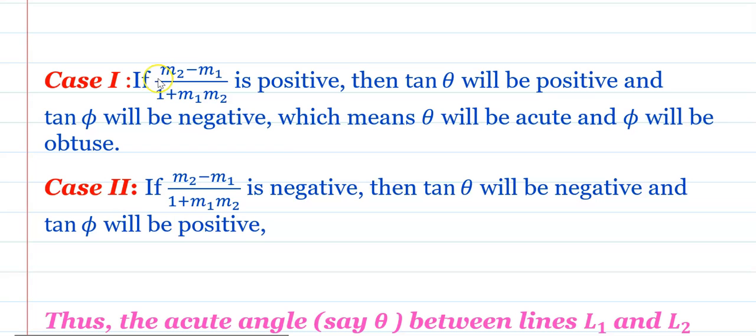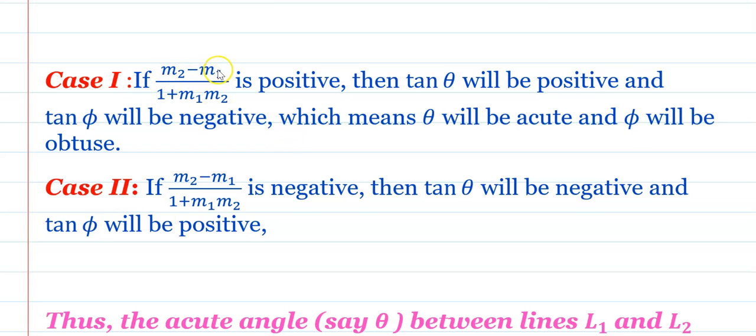The first is if m2 minus m1 upon 1 plus m1 into m2 is positive, then tan theta is positive and tan phi will be negative, which means theta will be acute and phi will be obtuse. And in the second case, suppose m2 minus m1 upon 1 plus m1 into m2 is negative, then tan theta will be negative and tan phi will be positive.